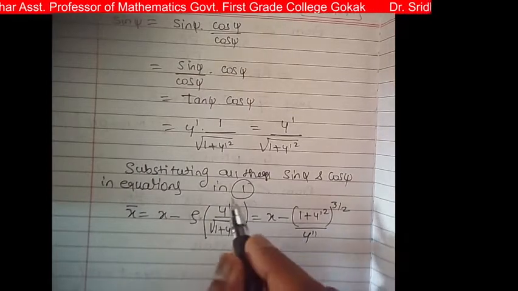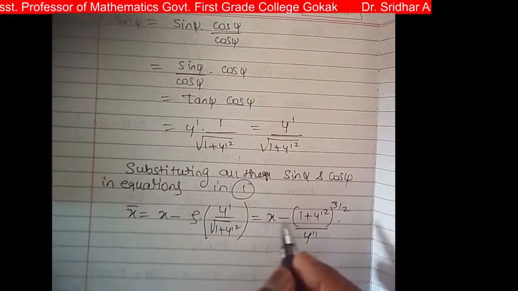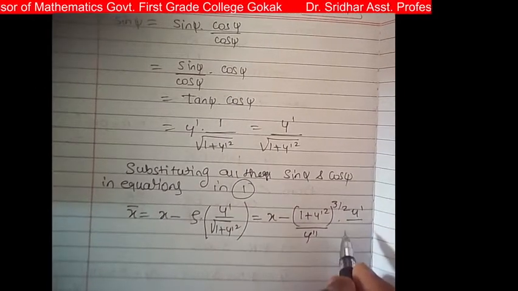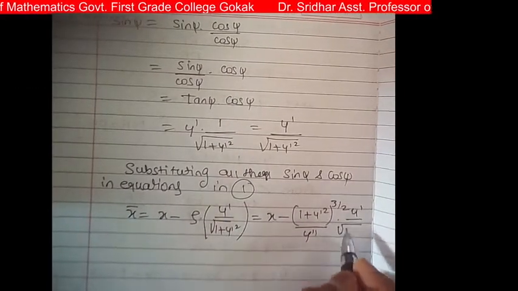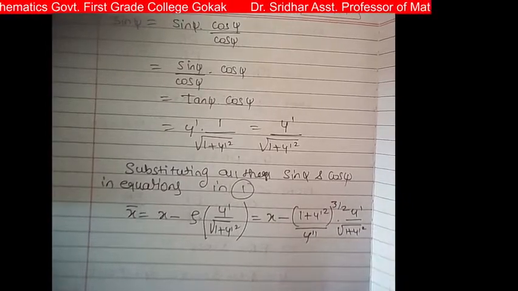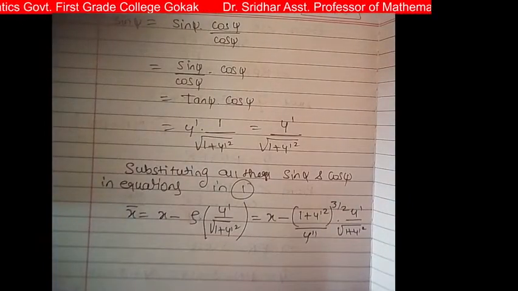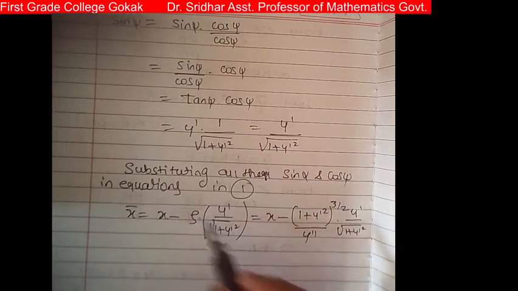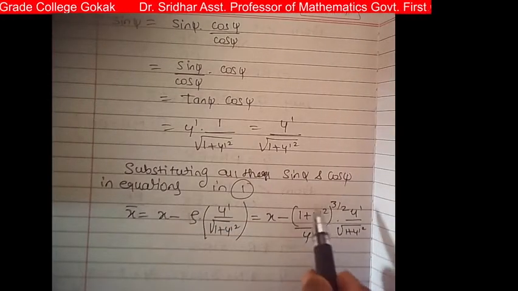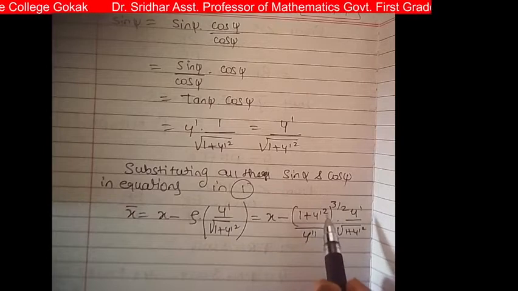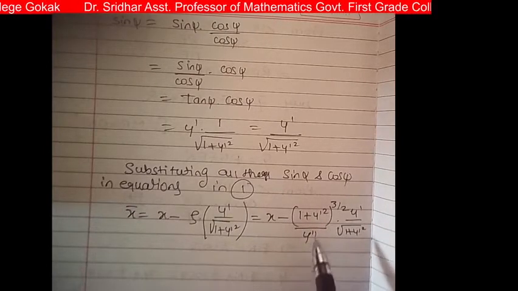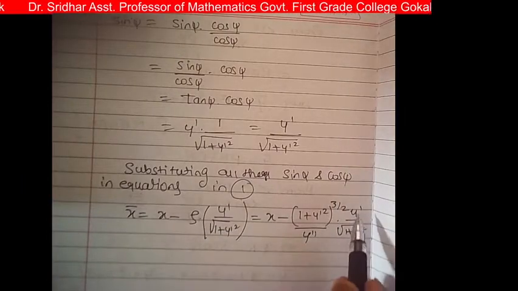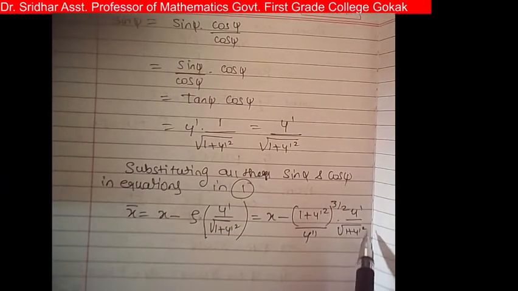So this is rho into, then write the remaining thing, y dash divided by square root of 1 plus y dash whole square.